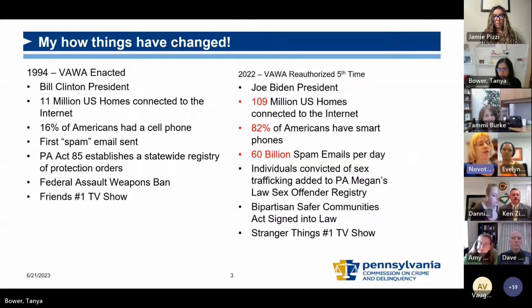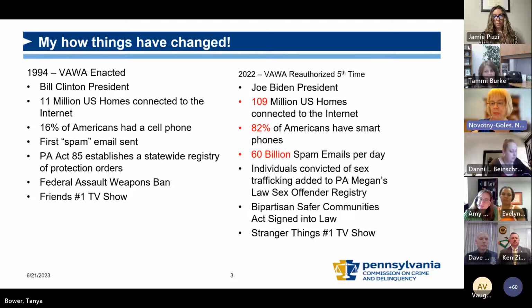In 1994 was when Pennsylvania passed legislation that established what would eventually become PFAD, or the Protection from Abuse Database. That's something that you guys use every day in your job. And finally, in 1994, a federal assault weapons ban was enacted, and this was allowed to expire in the early 2000s.